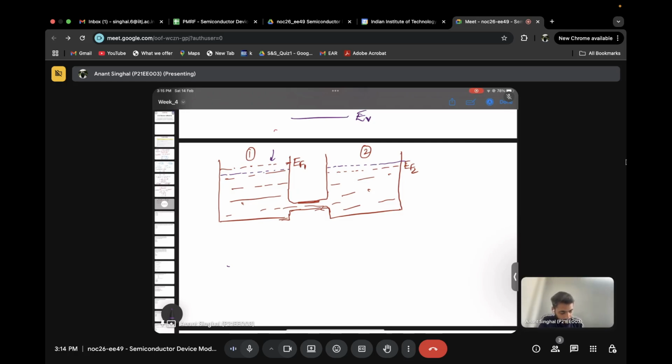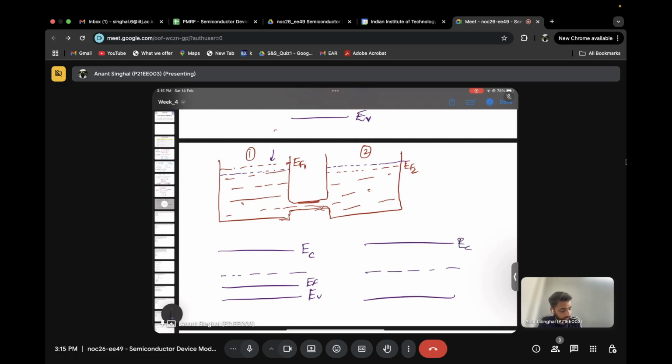Let's make a band diagram similarly. Let's say this is EC, this is EV, this is EF, and one more material that we have, with its own EF.